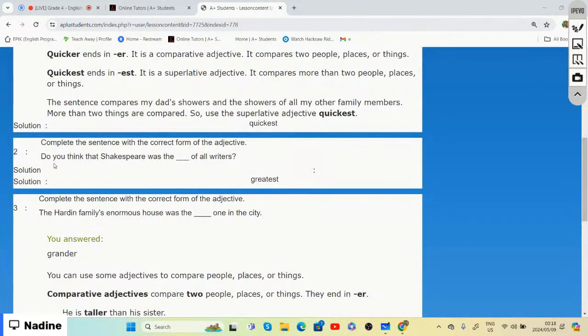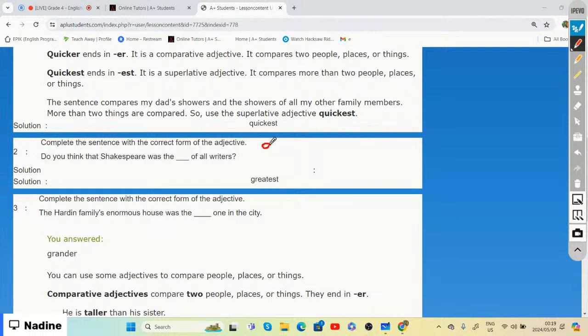All right. Do you think that Shakespeare was, do we say, the greater writer, or do you think he was the greatest writer of them all?